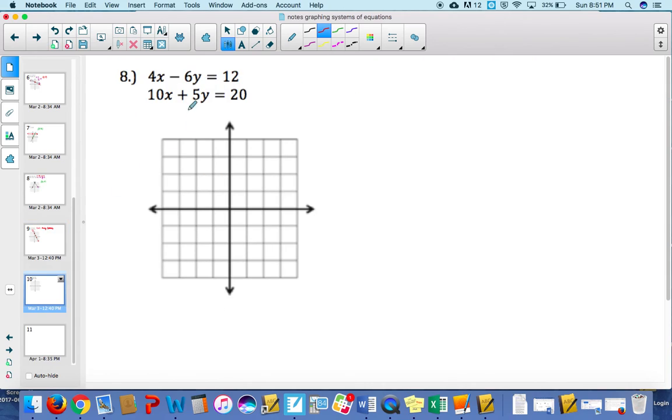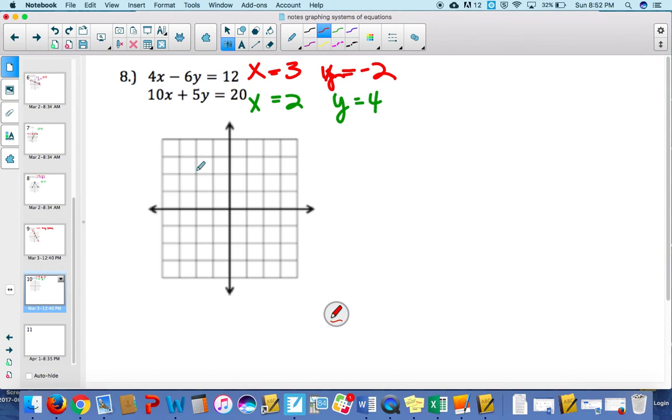And lastly, example number 8, back to plotting both of these with intercepts. 12 divided by 4, so we're going to start at +3, and 12 divided by -6, the y-intercept is going to be -2. For the second equation here, the x-intercept is going to be 2, and the y-intercept is going to be 4.